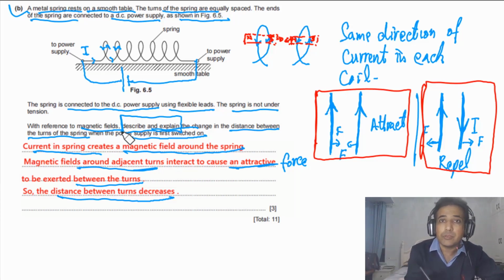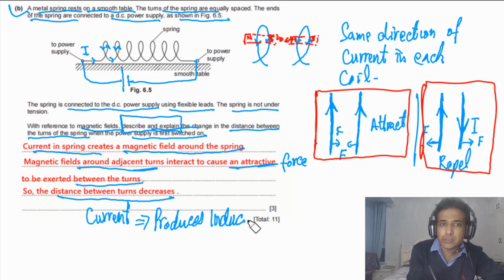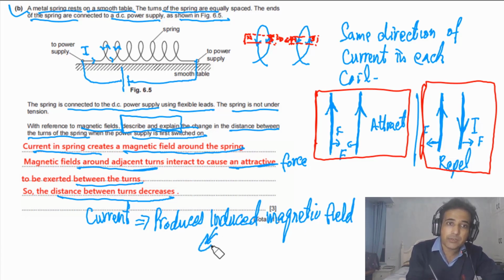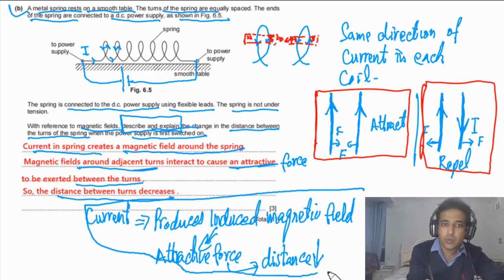So you can also write it like this: current produces induced magnetic field in each turn, and that causes attractive force between turns and distance decreases. So this is the main concept.